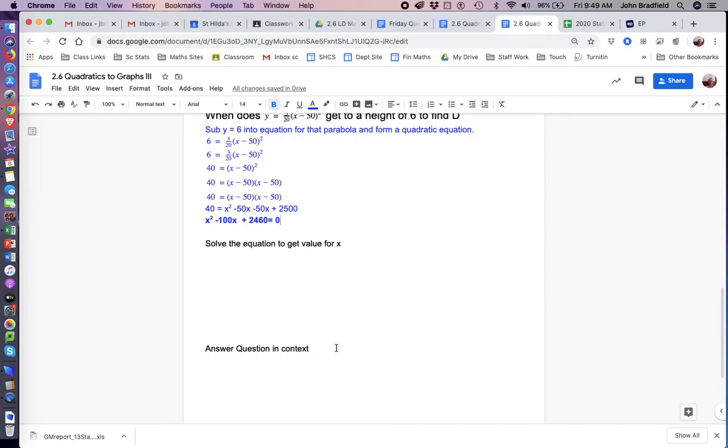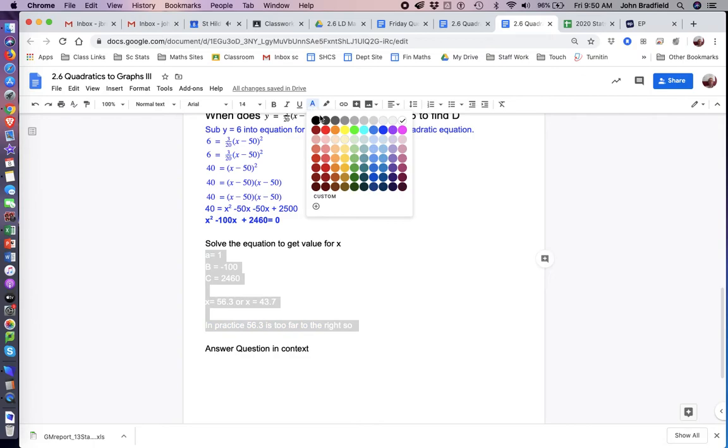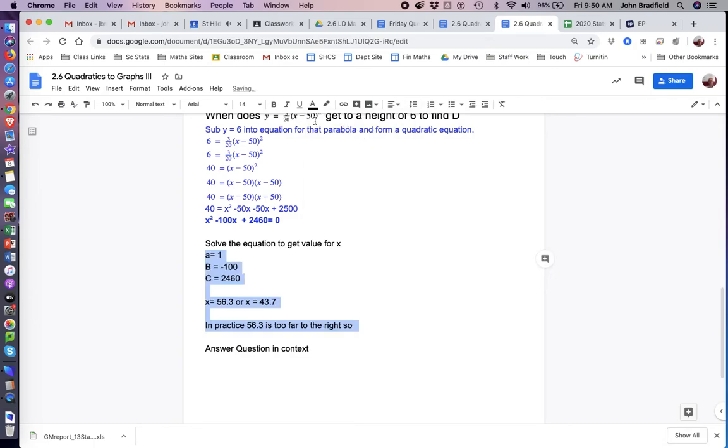Now, we could use a quadratic formula. I'm not going to try and factorize that. But I actually just use my calculator. So because I've already shown plenty of algebra, I do that, and I get two answers, 56.3 and 43.7 from the calculator.